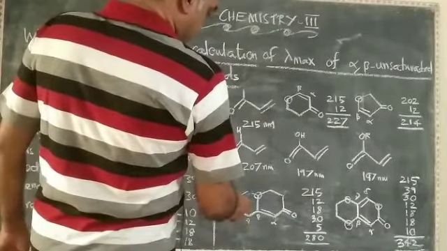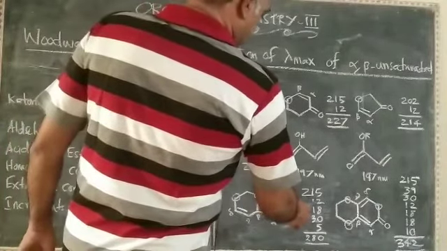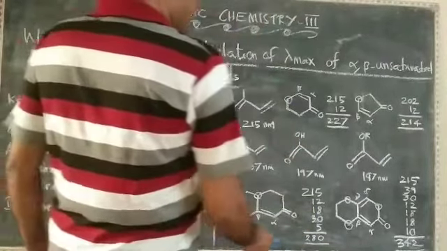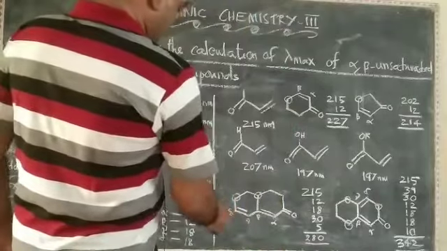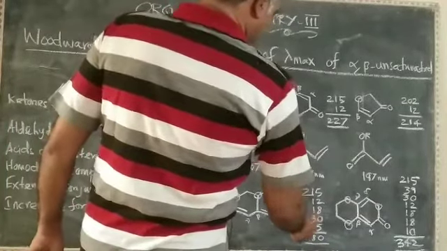The beta carries a residue and the delta carries another residue. For the beta, 12 nanometers are added. For the delta, 18 nanometers are added. And there is one more double bond, and so for extended conjugation, 30 nanometers are added.